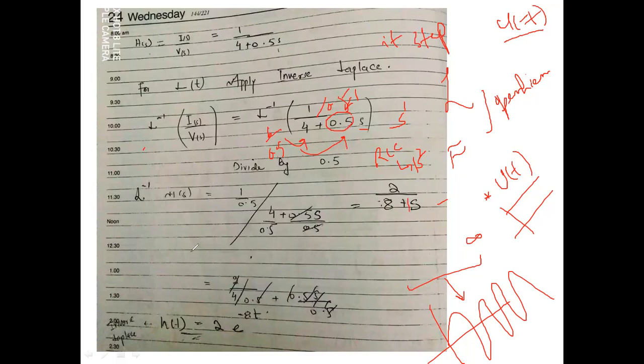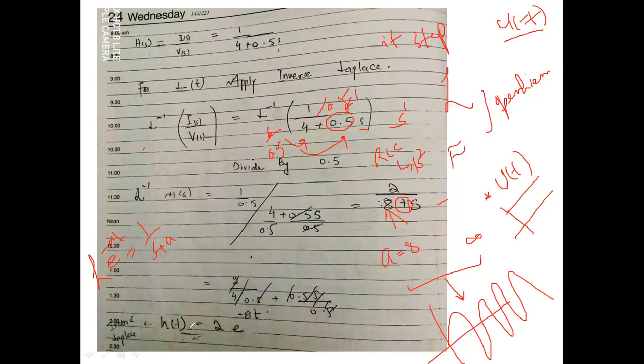Okay, that is because we are matching the situation with e raised to the power minus at. I told you in the previous slides that you have to remember that the Laplace transformation of e raised to the power minus at is equal to 1 over s plus a. Here we have the minus, so the answer will be s plus a. If we have the plus, then we will have the minus over here. So now we have the plus, and here a is equal to 8.